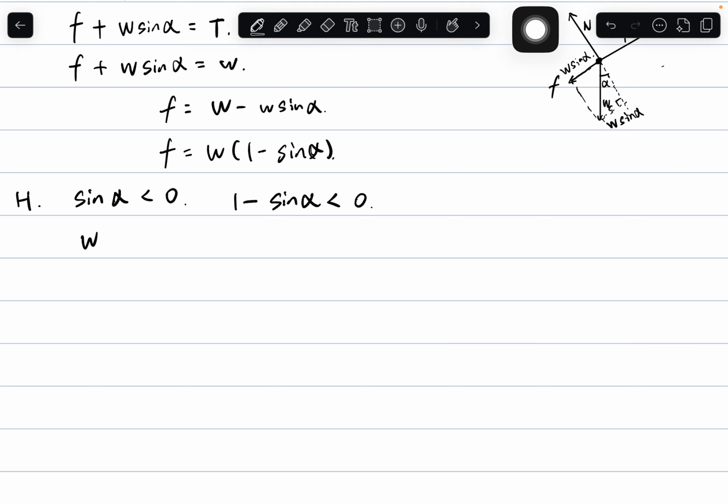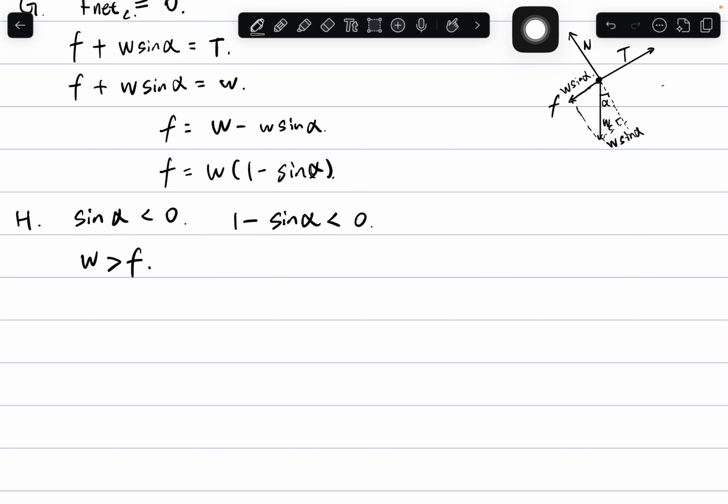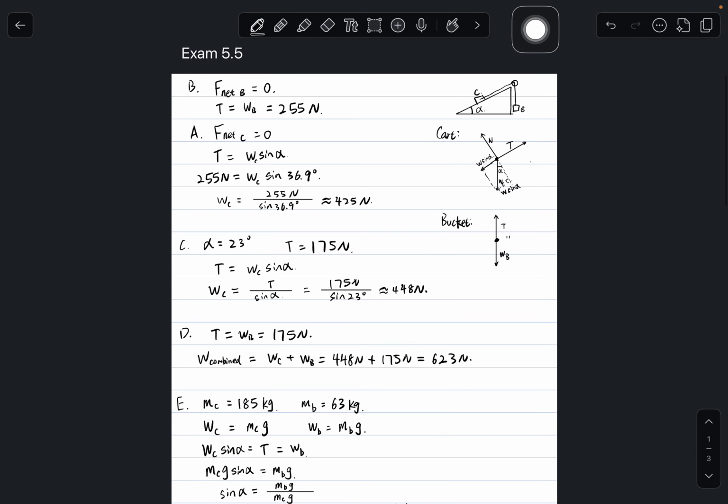And so we know W times any number less than 1 is smaller than W. So F equals W times that number, which is smaller than W. So F is smaller than W. It's less than W, the frictional force. And that's all for these questions here. Thank you.